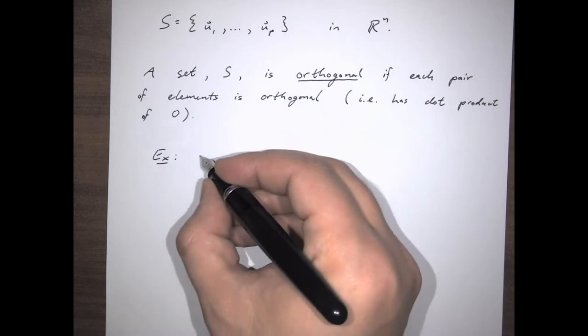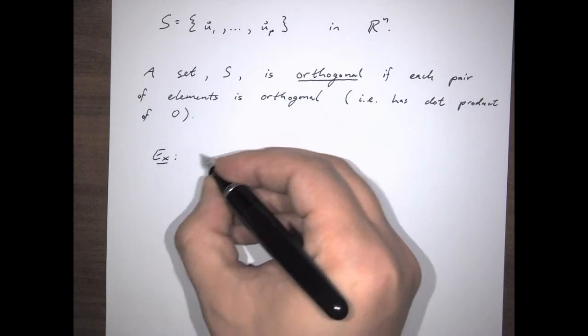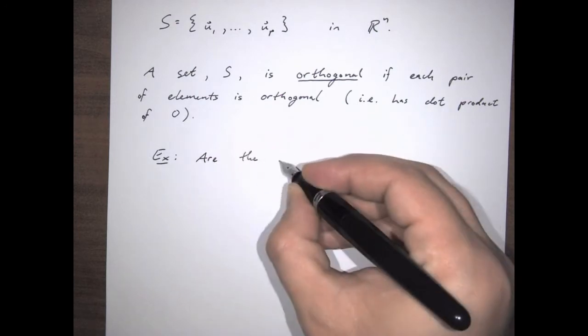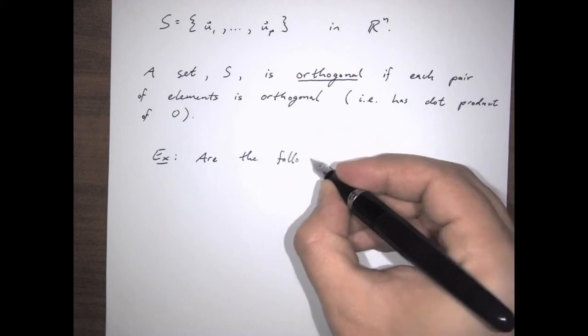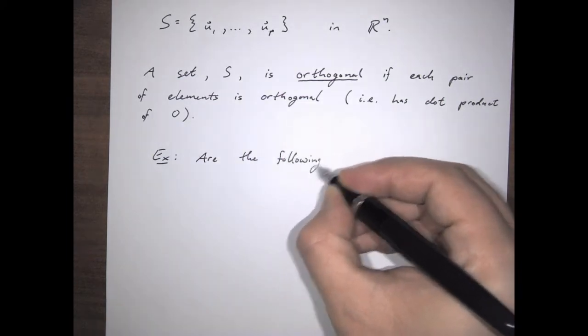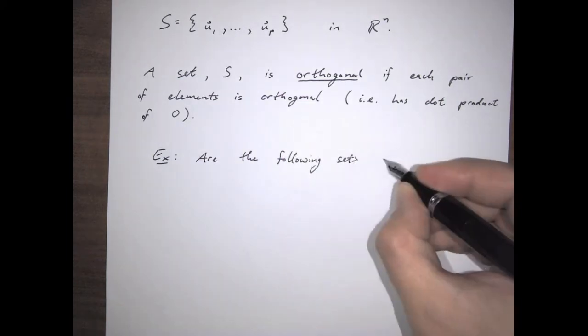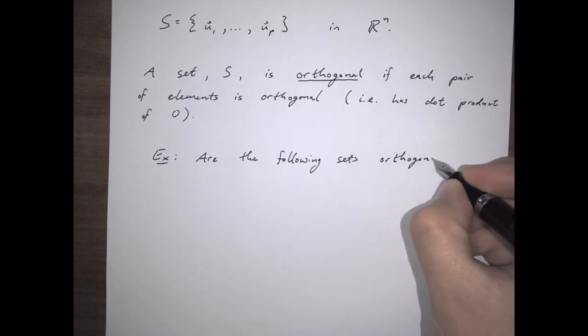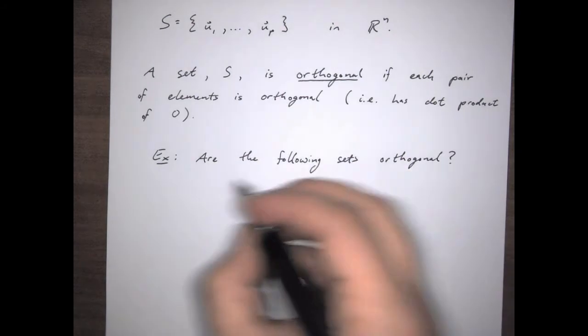So example: are the following sets orthogonal?